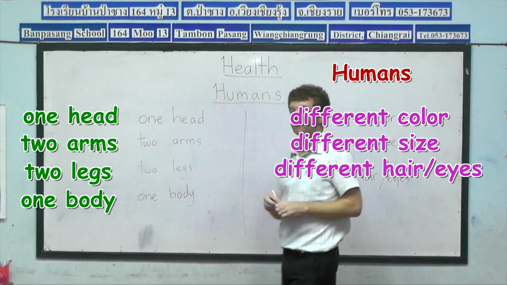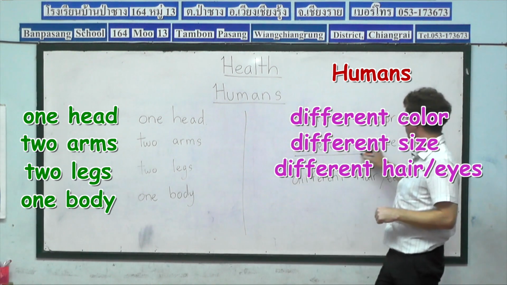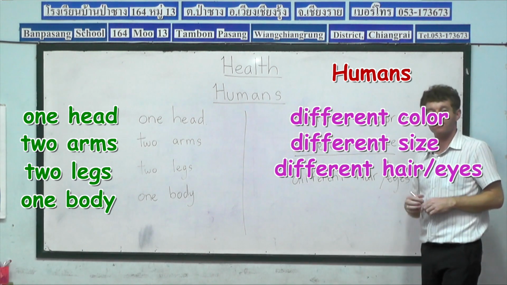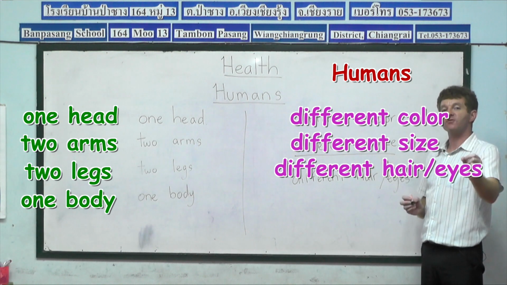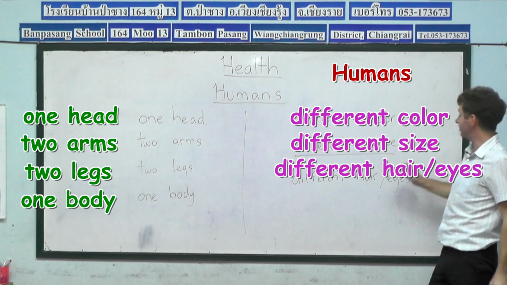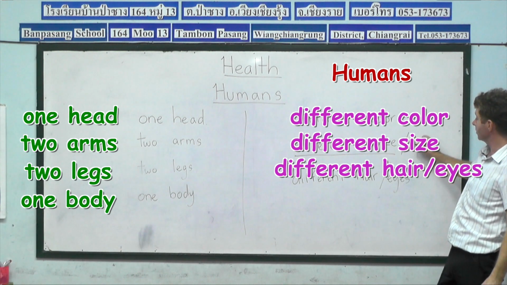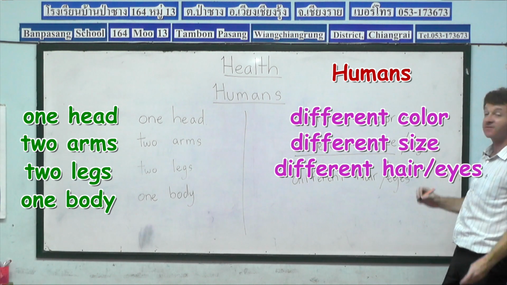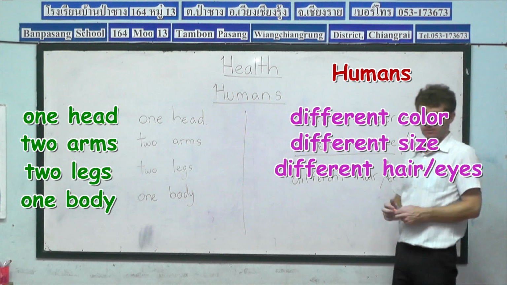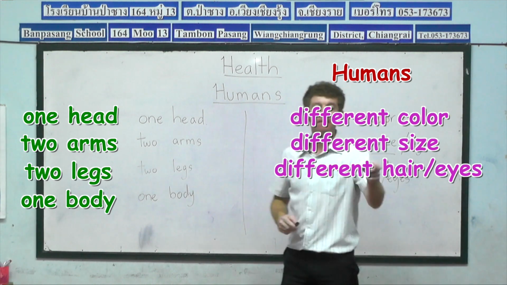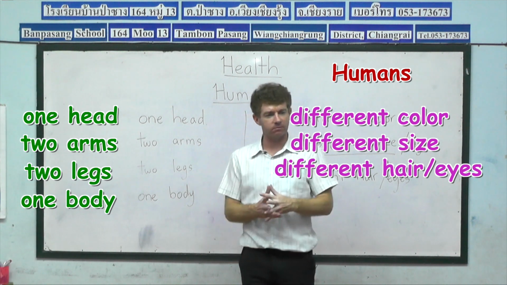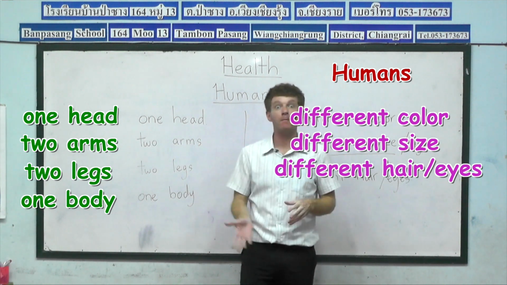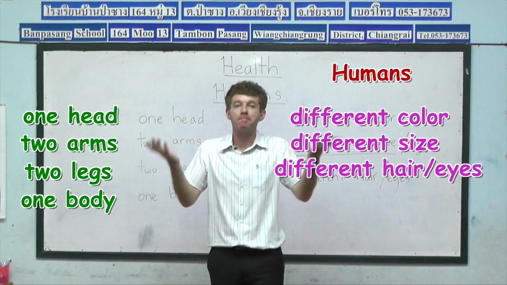And the main way they're different, color. But what we're going to focus on today is this reason why we're different: different size. And we're going to show how different size has relation to different age. Am I the same age as you guys? Am I 9 years old? No, I am older, and that's why I am bigger.